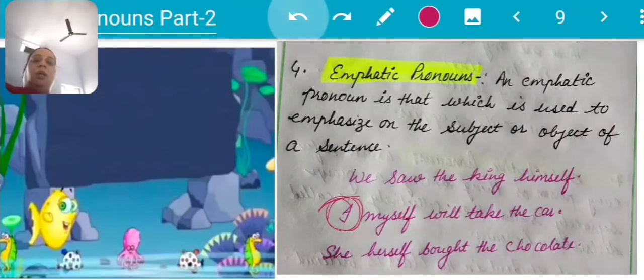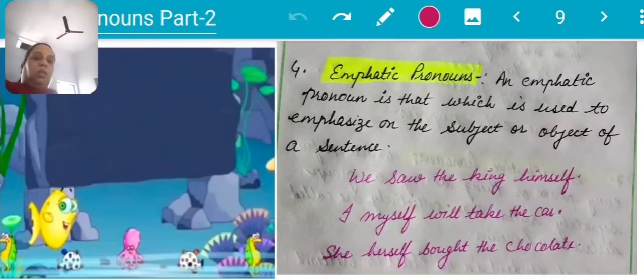And if we add this myself here, once again it gives a sentence: "I myself will take the car." But here the stress is given on the word myself, and the word myself is written just after the subject. So this is emphatic pronoun. This is to give stress or emphasize on the subject.